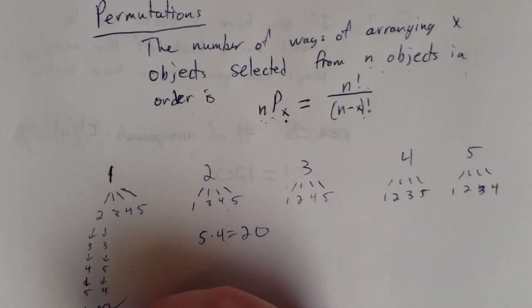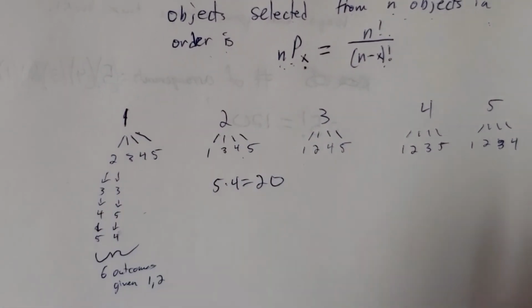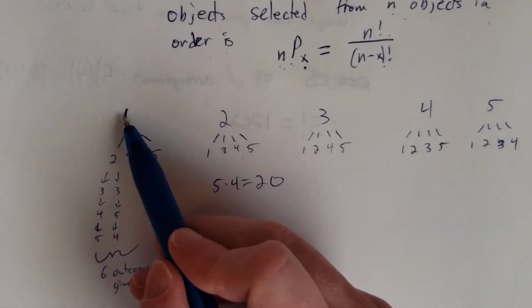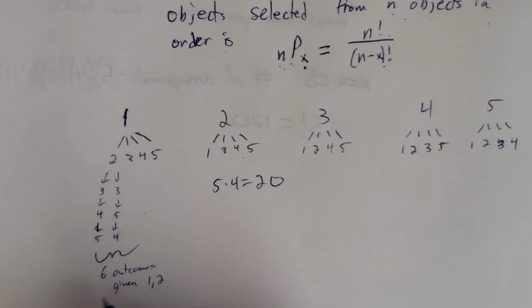So this is 6 outcomes given 1 and then 2, as in, given that first place was person 1 and second place was person 2. So again, for each of these options up here, we have 6 outcomes, or in other words, 3 times 2 times 1, so 3 factorial.